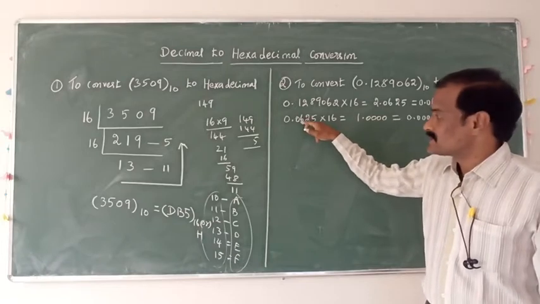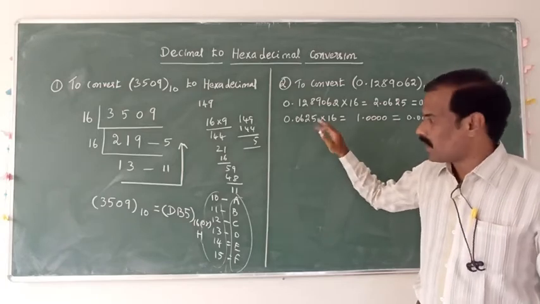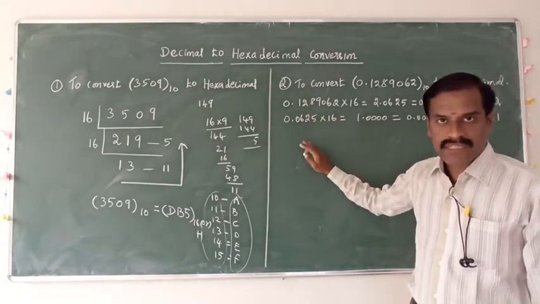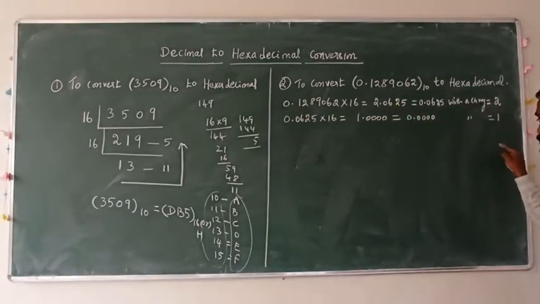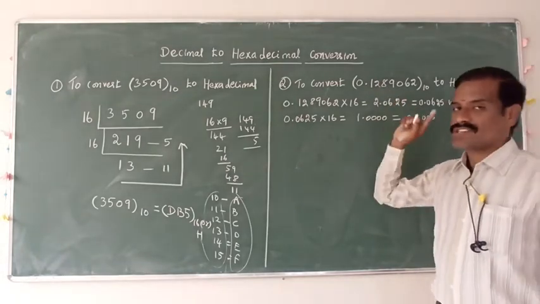If the same number repeats, or if 0 occurs, we can stop. Otherwise, we can stop the conversion after up to 5 digits.